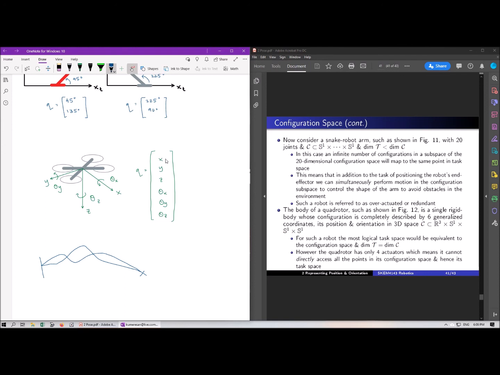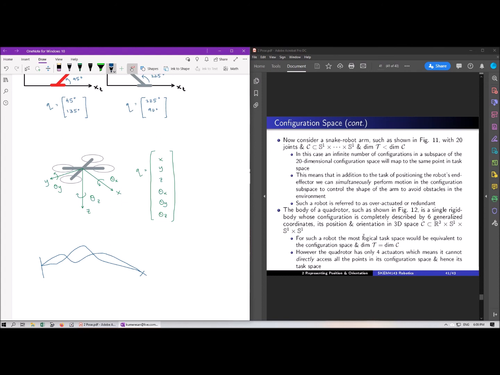Q1, Q2, Q3 is the position in 3-dimensional space, and theta x, theta y, theta z are the rotations about its coordinate frame. So the rotation about the x-axis is theta x, the rotation about the z-axis is theta z, and so on.